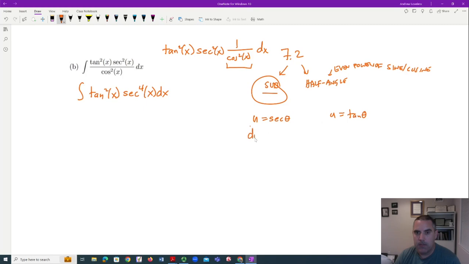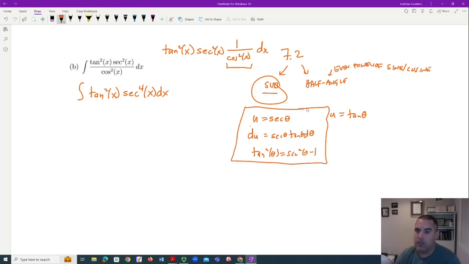If I do secant, I need to pull out a secant tangent and change everything else to a secant. The way we do that is we say tangent squared of theta is secant squared of theta minus 1. So that's one option. But that's not going to work very well here. That works better when the powers are odd.